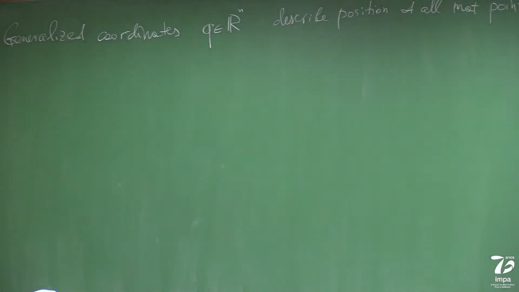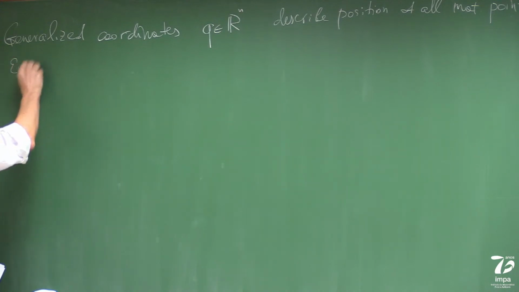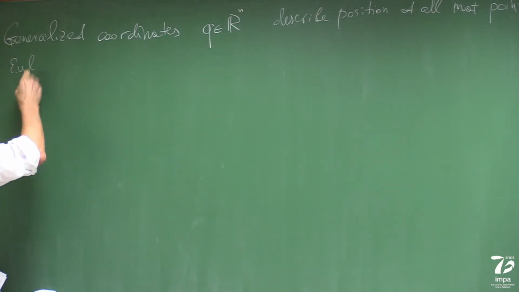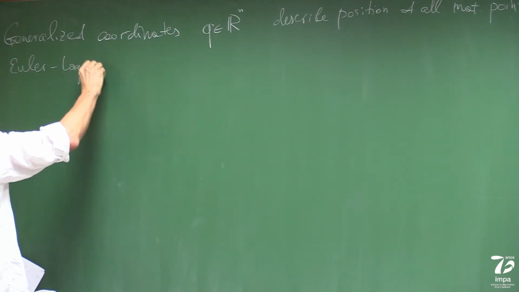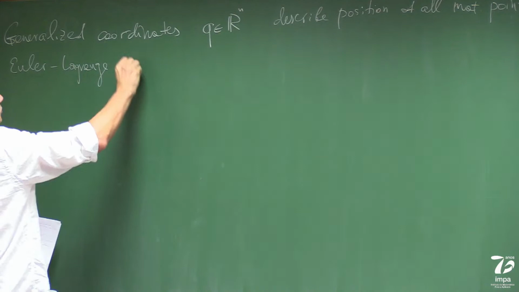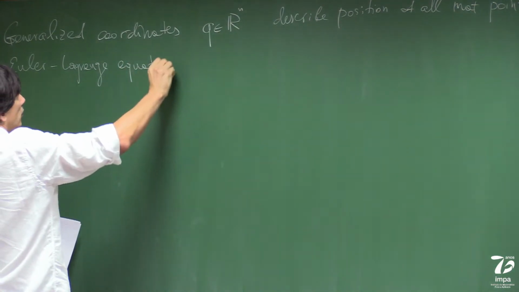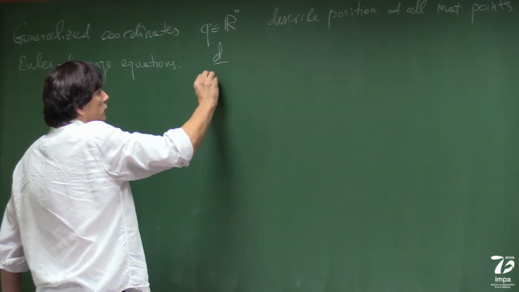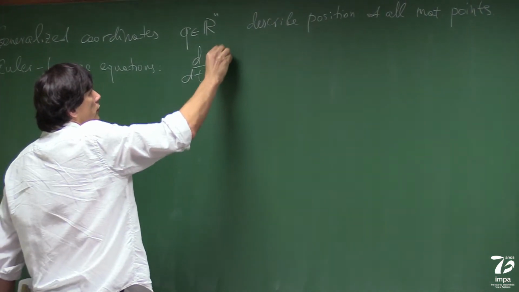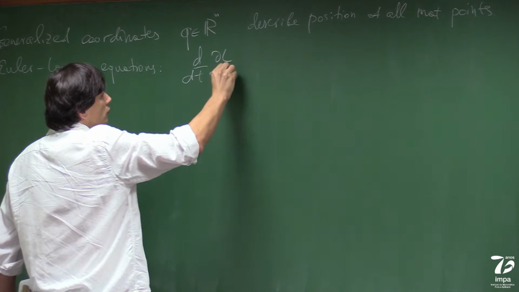So then what we know is that if you want to write equation of motion, you just write the usual Euler-Lagrange equations, which is that formula that you already can start to remember.